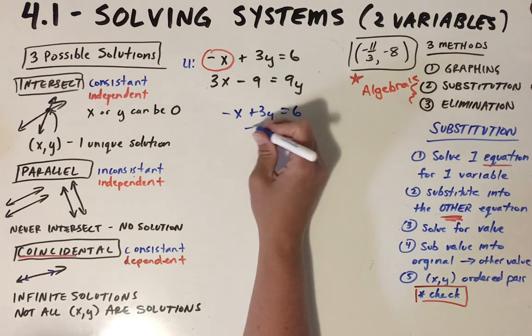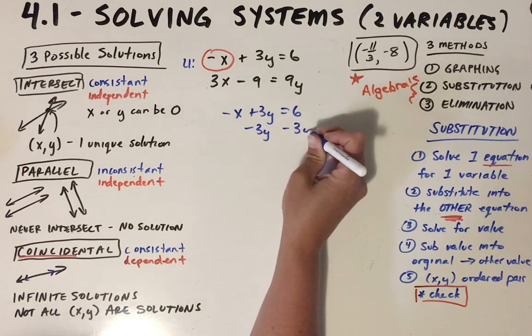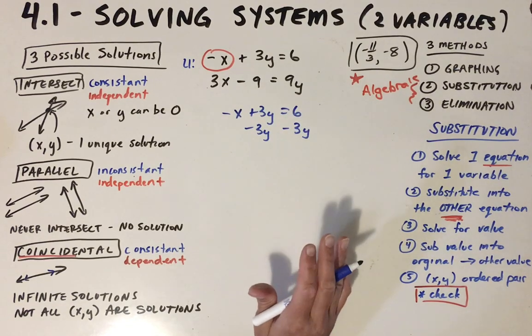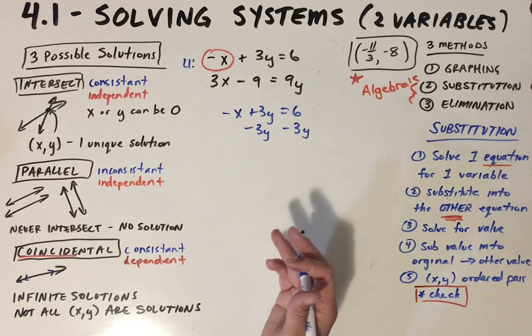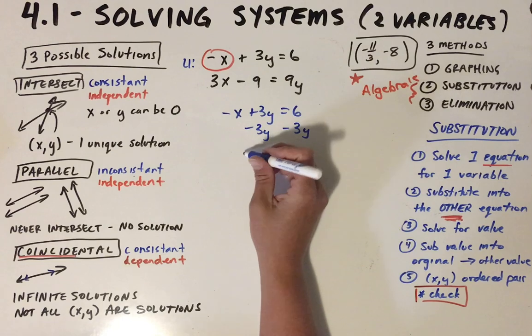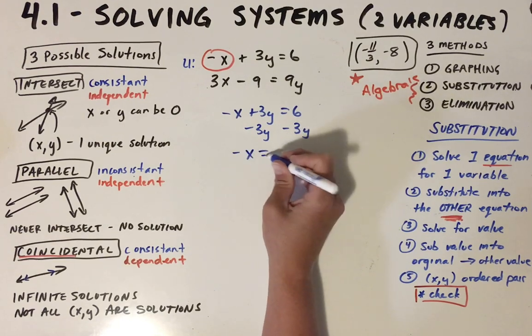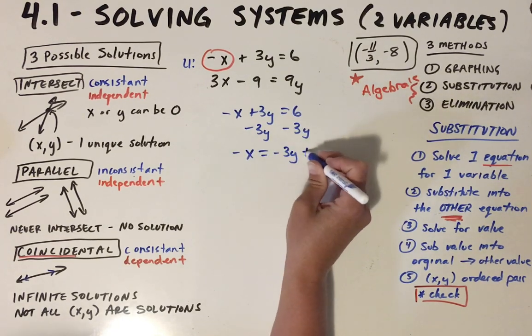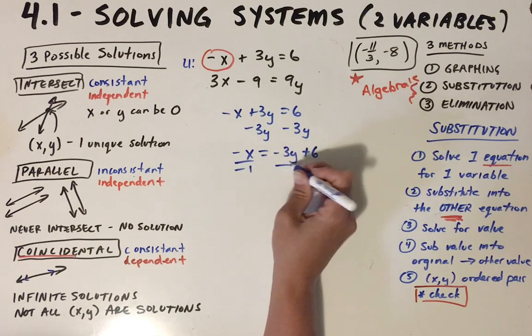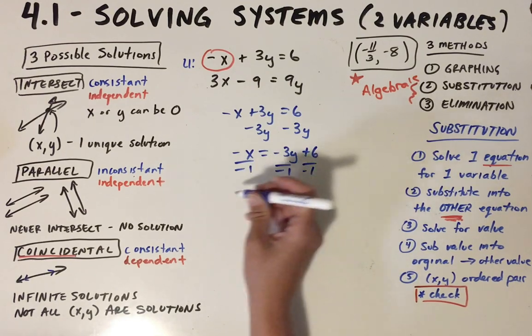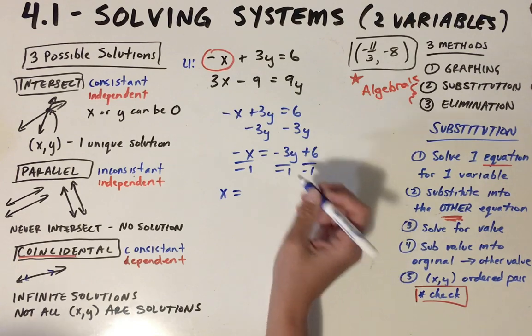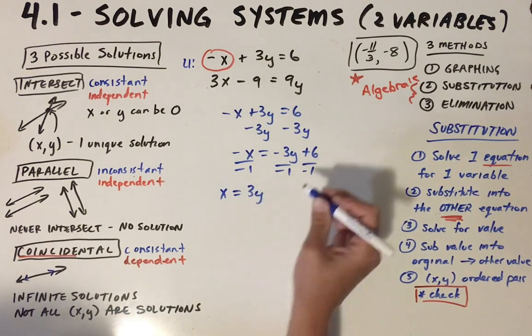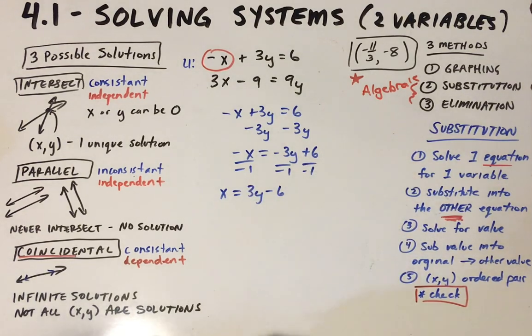I am going to subtract 3y, because I'm isolating x. I'm not putting this in slope-intercept form. I'm just choosing a variable, and the easiest variable is going to be x. So I get -3y plus 6. Then I divide all of these by -1, and I get that x is equal to 3y minus 6.